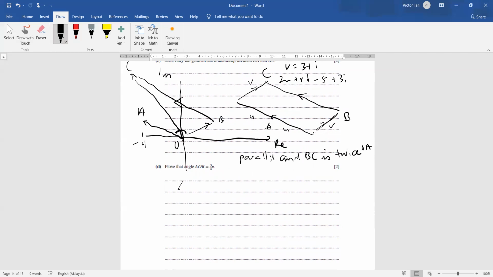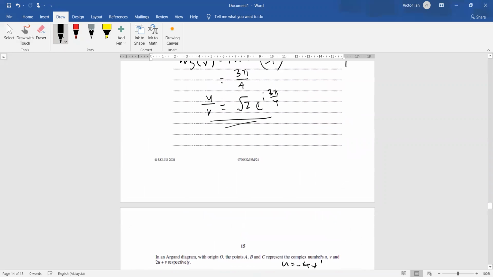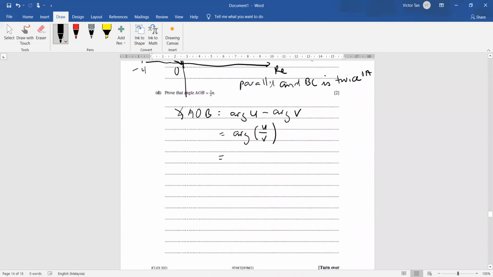This angle here, angle AOB is the argument of U minus the argument of V, which is the argument of U over V. U over V is, let's see, 3 pi over 4, which we have shown in A. That's it.